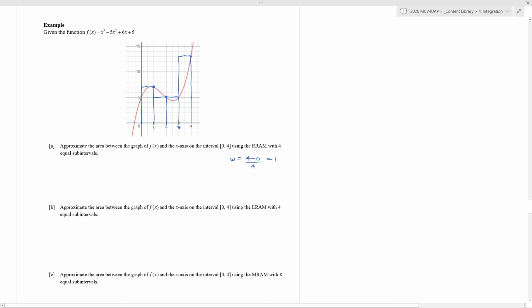The height of the first rectangle is f at 1. The height of the second rectangle would be f at 2. The height of the third rectangle would be f at 3. And the height of the fourth rectangle would be f at 4.